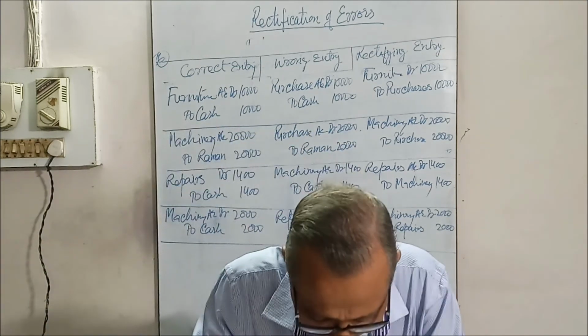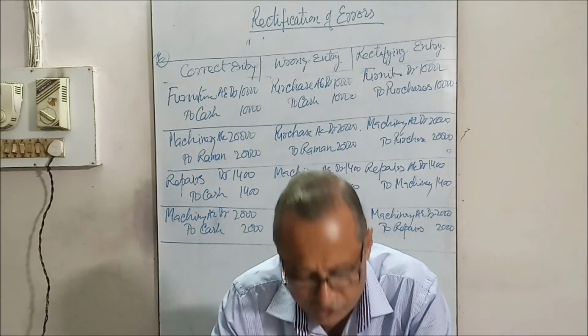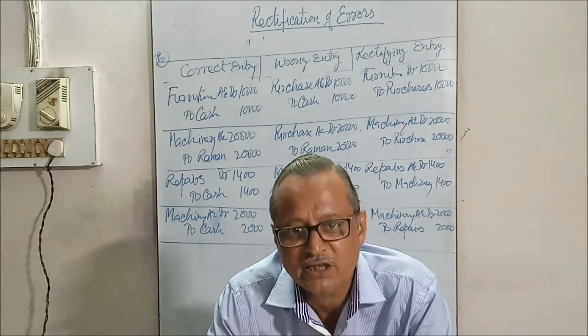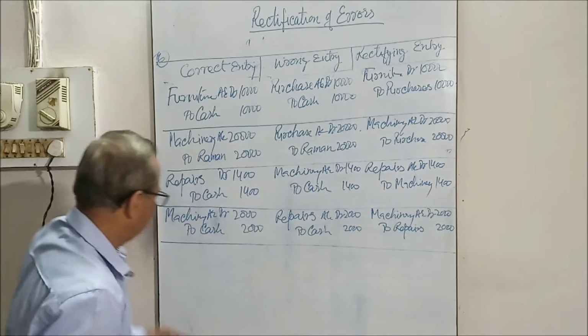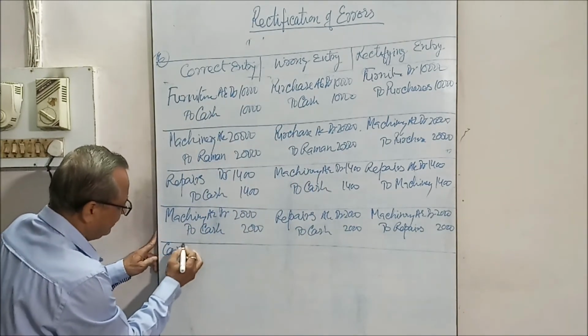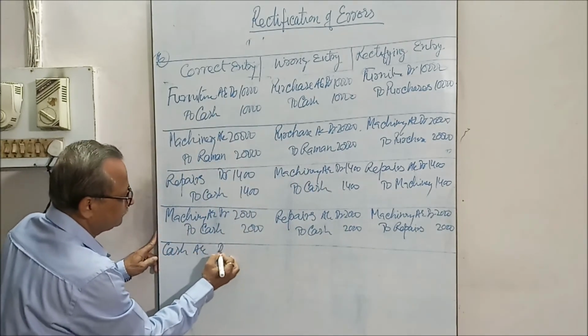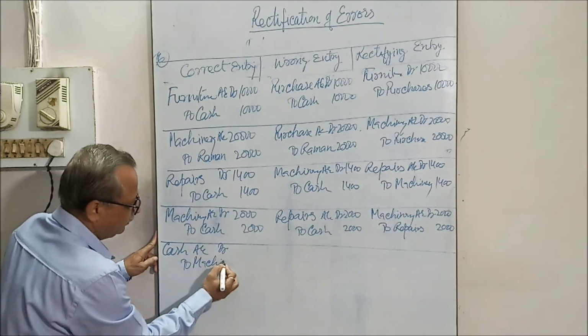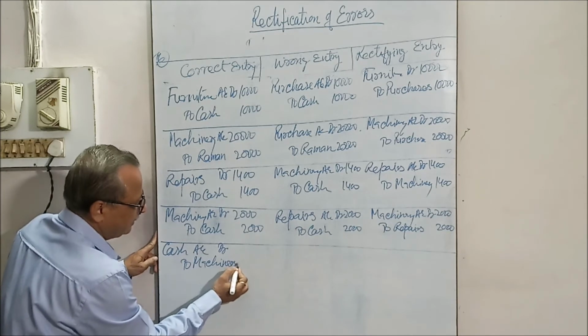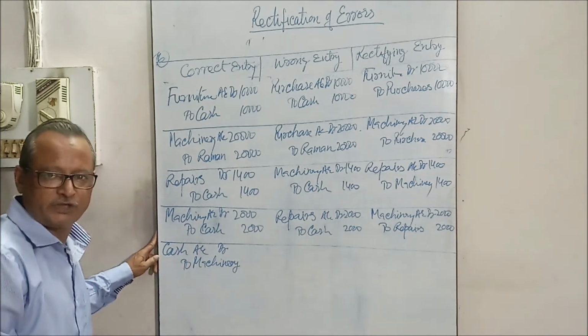Now the last one, sale of old machinery at book value 3000 credited to sales account. It should be cash account debit to machinery, rupees 3000, because you are just selling or disposing of the machinery.